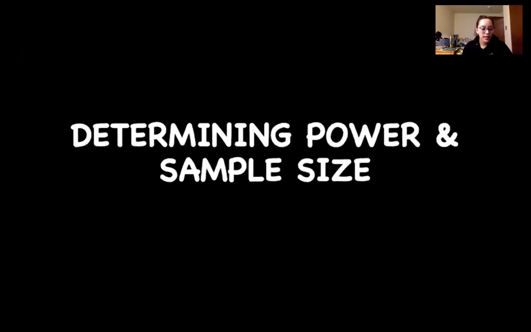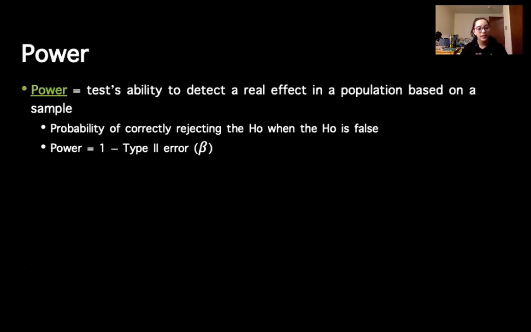And then the last thing I wanted to talk about, we're coming back to it, power, sample size. Ooh, okay. This is another thing that's not often reported in research. But remember, power is a statistical test's ability to detect a real effect, right? It's the probability that we are going to reject the null when the null is false, okay?